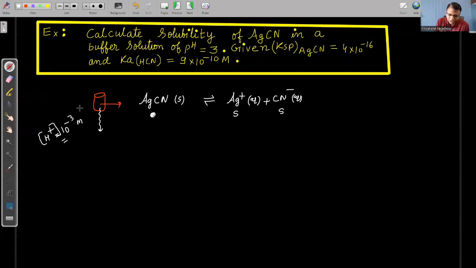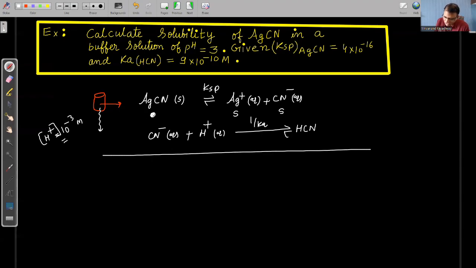But now, because of this H plus ion, whatever CN minus ion is there will combine with this excess amount of H plus ion to form HCN. So the equilibrium constant of this reaction is 1 upon Ka, and the equilibrium constant of the first reaction is Ksp.